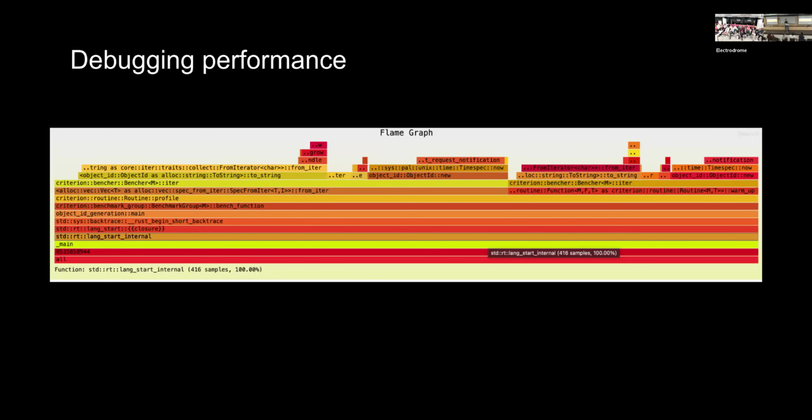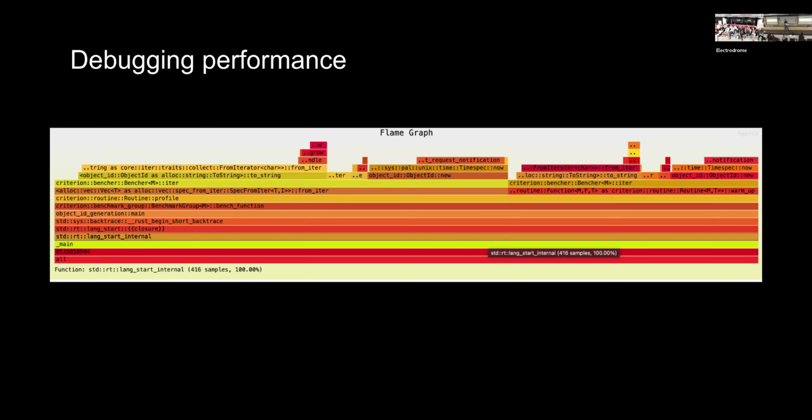The important part here is that none of these axes are time. What we're looking at is basically the larger the rectangle in width, the longer it's on the stack. And when it's at the top, that means that it's being executed by the CPU. So basically look for things that are at the top for a long time.